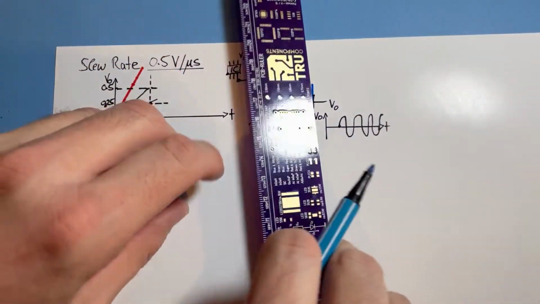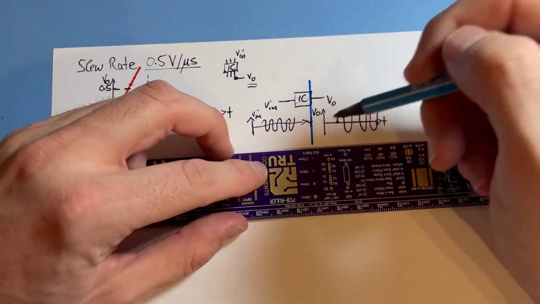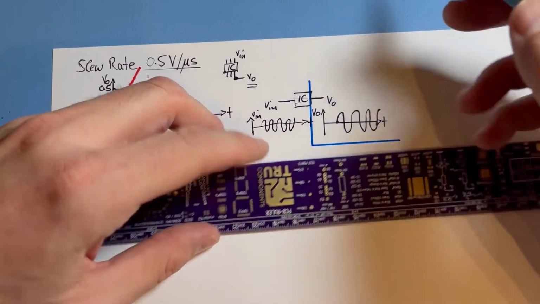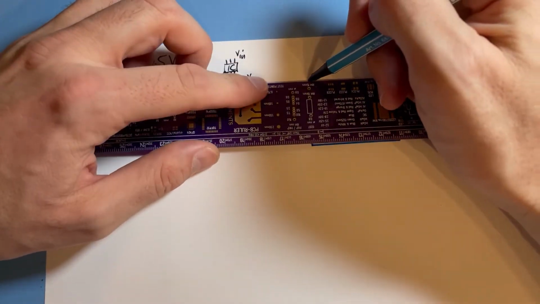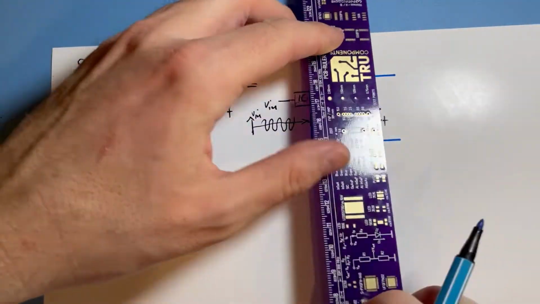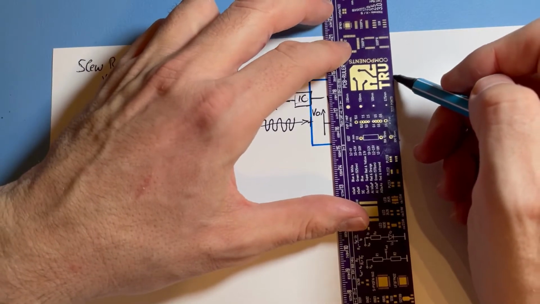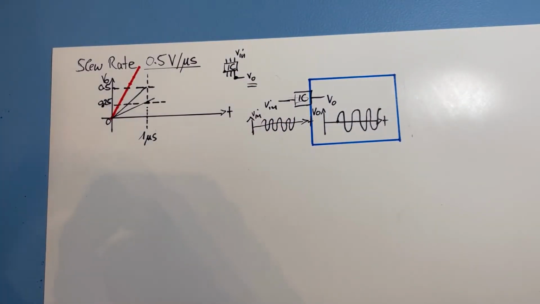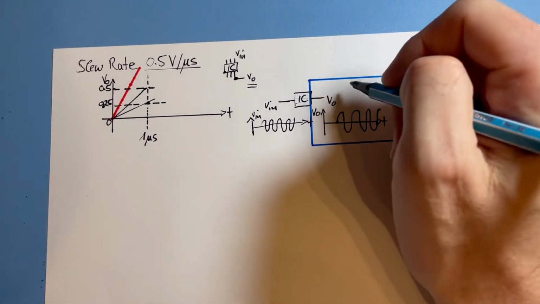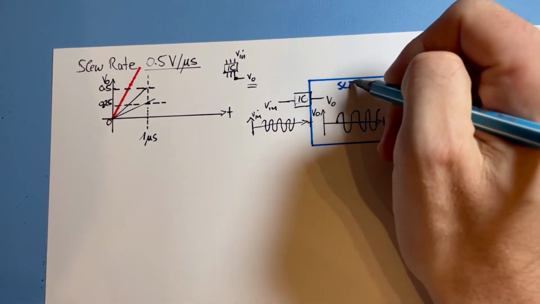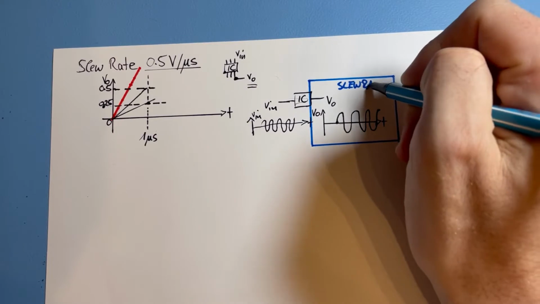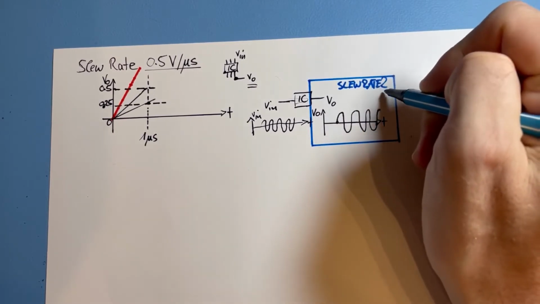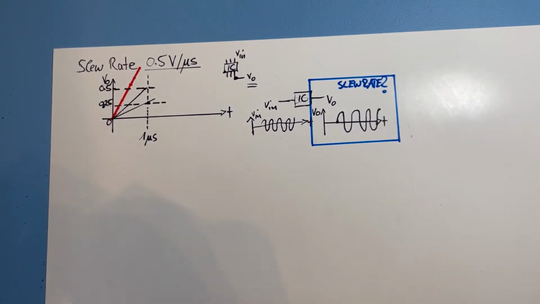Because we're talking about the output slew rate here. So I write here slew rate. How is it coming into play?